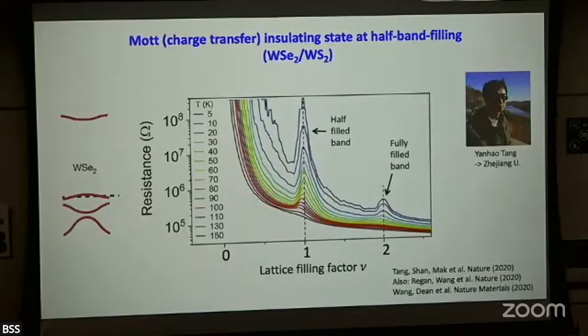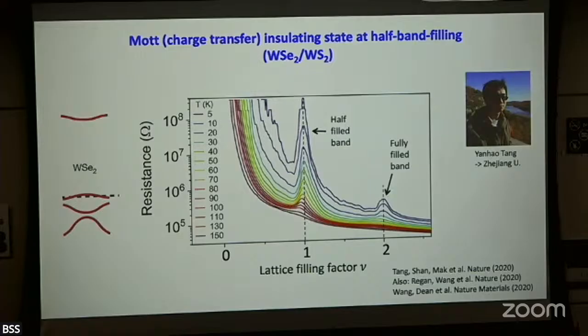So this is an earlier experiment. What we measure is resistance as a function of hole filling factor. One means 1 hole per moiré unit cell. And I told you those are doubly degenerate, spin and valley locked. If you cool it down, the resistance shoots up, so this is an insulator.